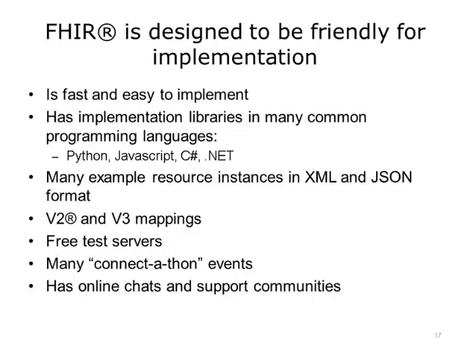Many example resource instances were provided to kickstart development, and free test servers are also available that allow developers to experiment. There are many Connectathons events happening all over the world where developers come together, connect, and field test the standards. These specifications are meant to be easy to read, but there are also communities that developers can join to ask questions and exchange ideas.